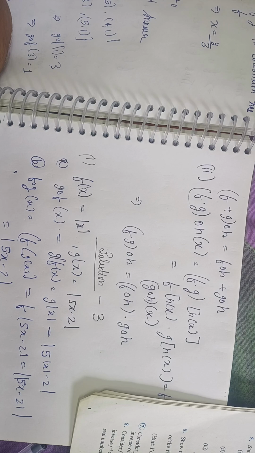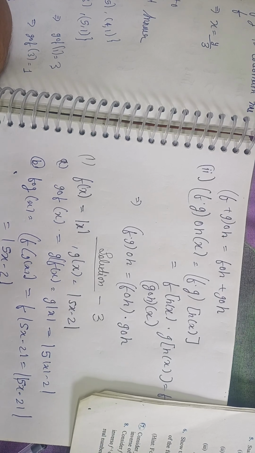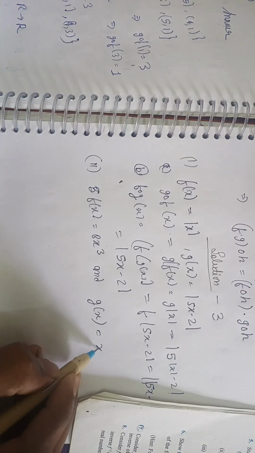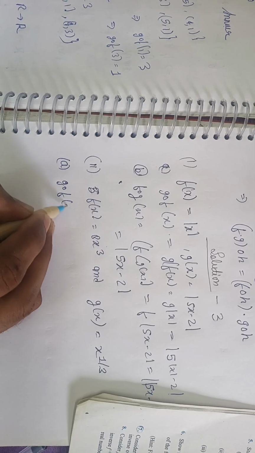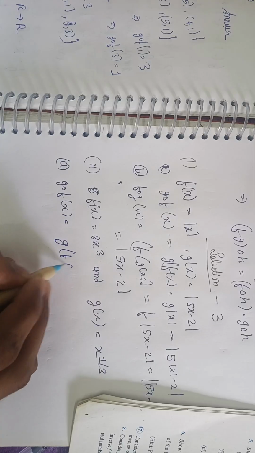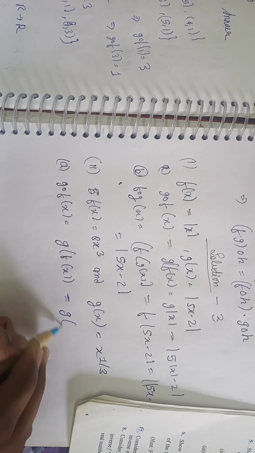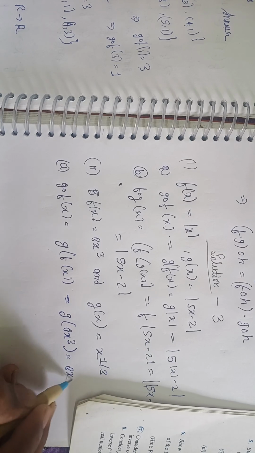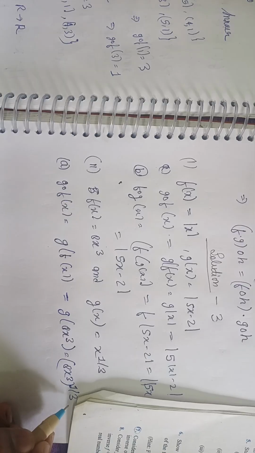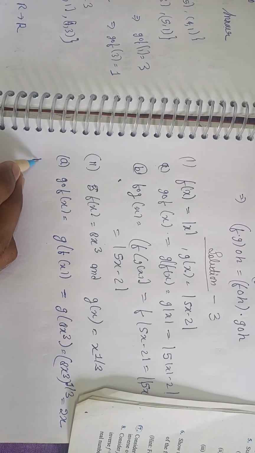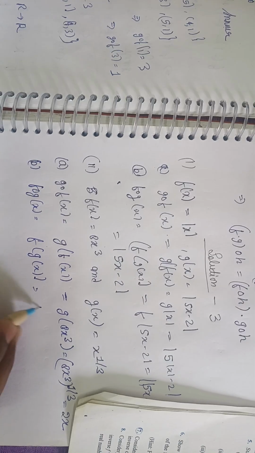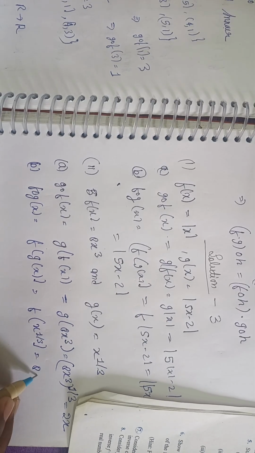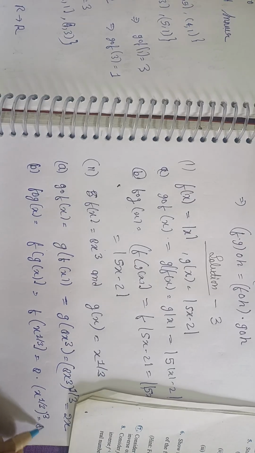Second one is given that f(x) = 8x^3 and g(x) = x^(1/3). gof(x) = g(f(x)) = g(8x^3) = (8x^3)^(1/3) = 2x. And fog(x) = f(g(x)) = f(x^(1/3)) = 8(x^(1/3))^3 = 8x.